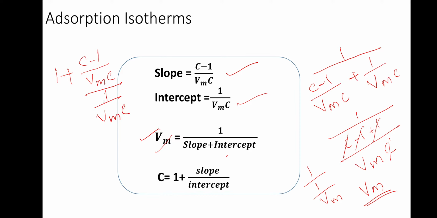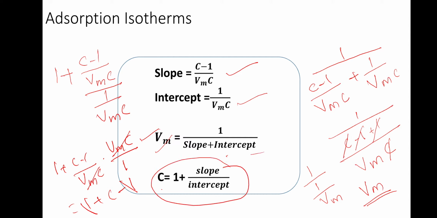The VmC terms cancel, so this is equal to 1 plus (C minus 1), and the 1 cancels. This is equal to C. So by substituting this we get C, and by substituting the other we get Vm.